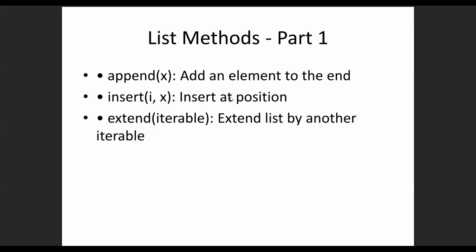Next, insert of i comma x. This insert function will take two parameters. Here, i and x are the two parameters. i indicates in which position you want to insert, and x indicates what element you need to insert.